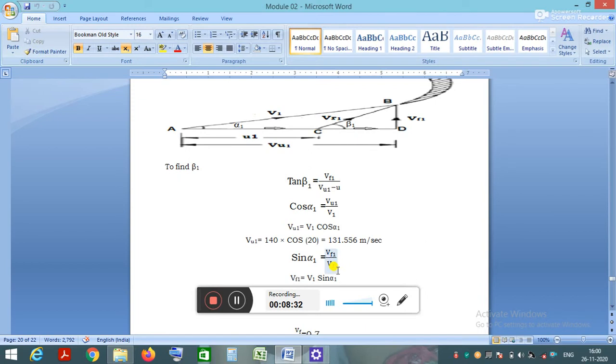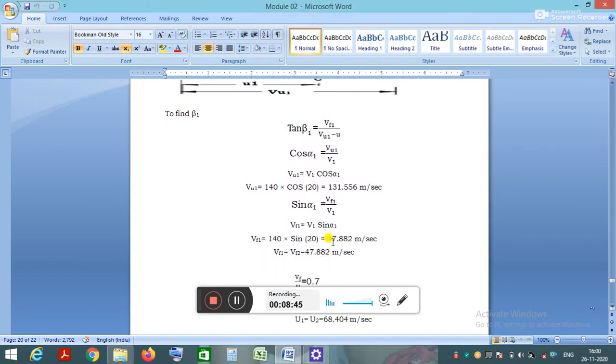Again V1 is known, alpha 1 is known, so we can find Vf1. Once we find Vf1 and Vu1, in the problem itself he has given the relation. Vf1 is in turn equal to Vf2 because it is an axial flow turbine. The axial components remain constant.